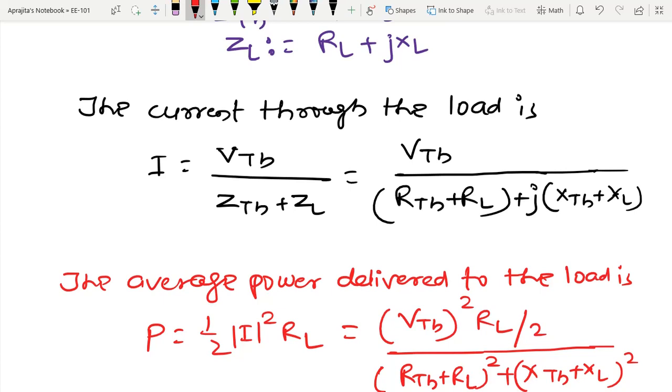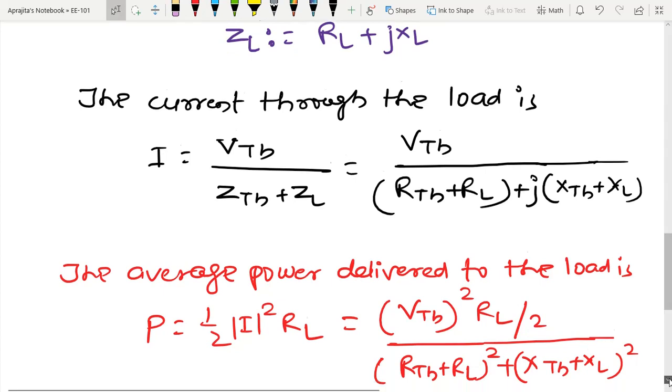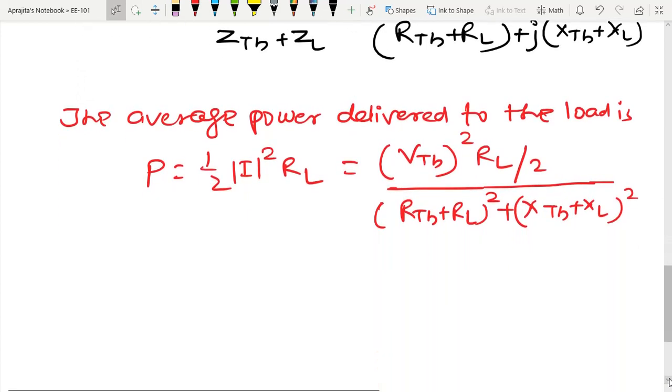And in the previous class we observed that power is only dissipated through the resistive load. If our load is purely reactive, then no power is going to dissipate with respect to that type of load, and the same thing is inferred here.